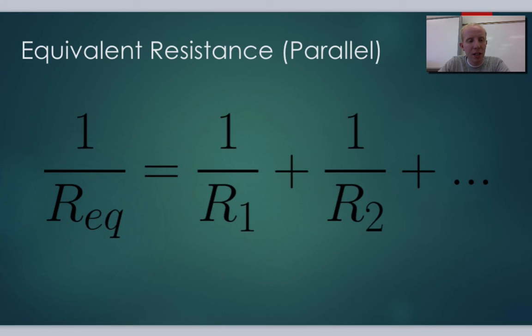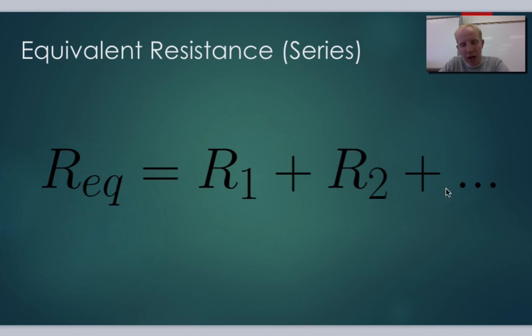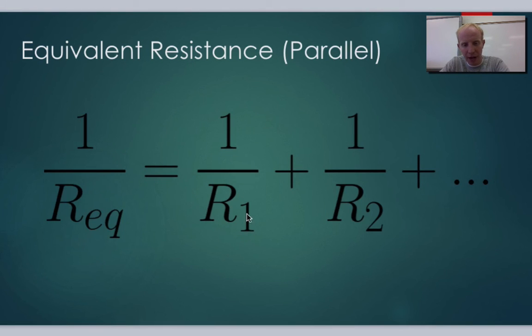In series, it's just adding them straight across. In parallel, you have to add them as a fraction, okay? And hopefully you just kind of have a little bit of intuition as to why that's the case, why you add when they're in series, why you add as fractions when they're in parallel, right? Adding up multiple lines gives us multiple options, which lowers the resistance, okay?